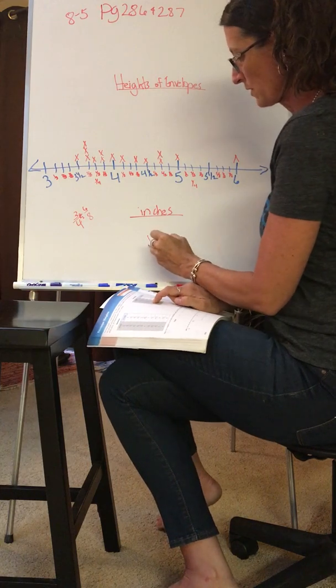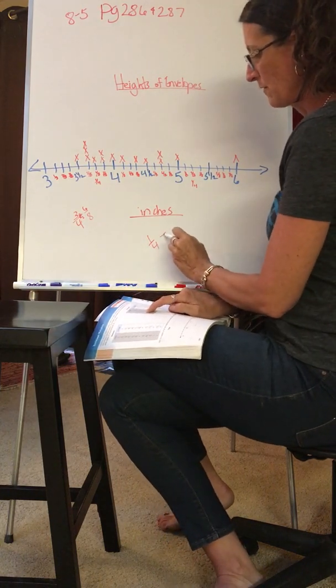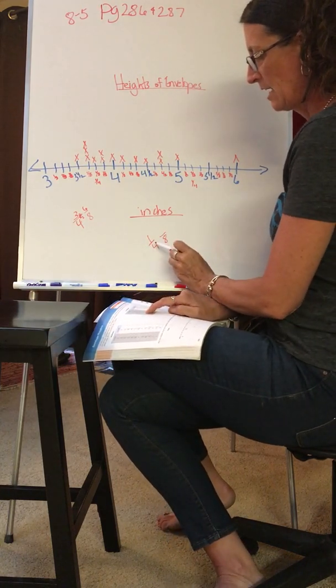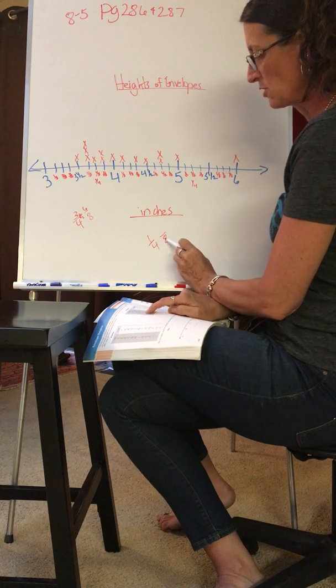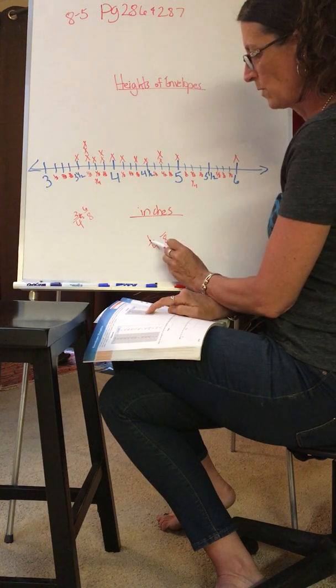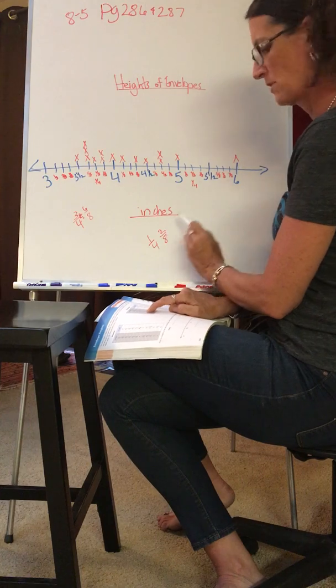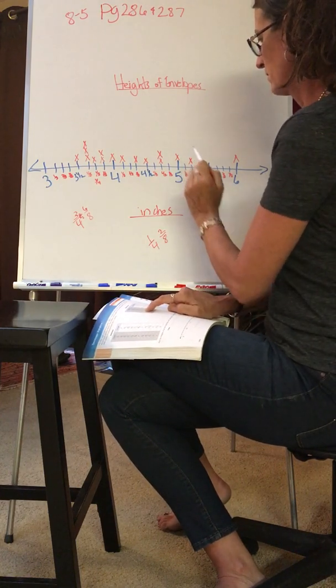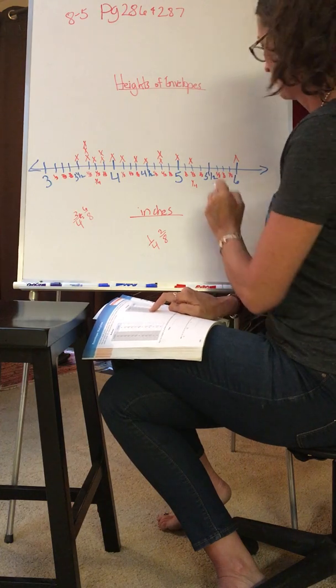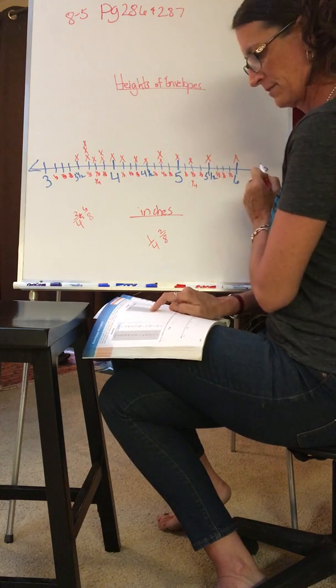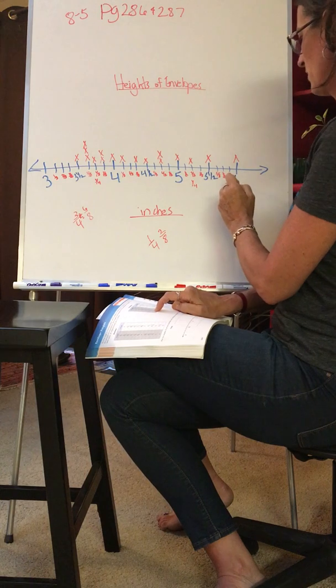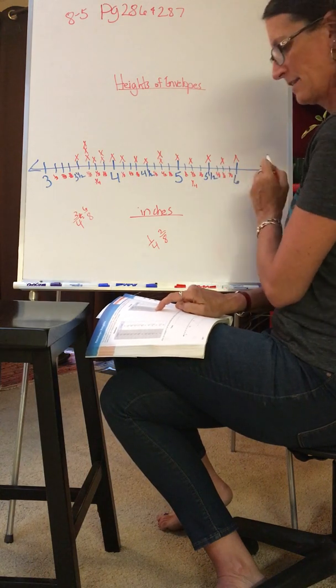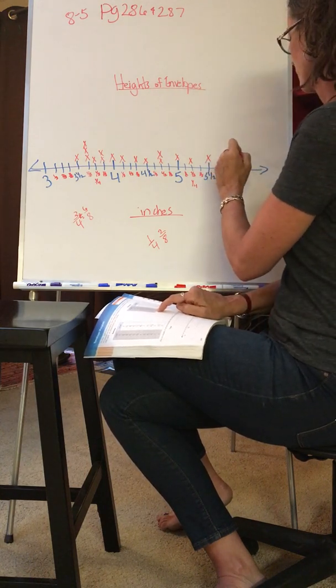When I do a 1/4 conversion into eighths, for the 4 I did 4 times 2, so I do 1 times 2, which is 2, so that would be 2/8. So 5 1/4 is 5 2/8. Then 5 1/2, 5 3/4, which is that 6/8 again, and a 6.